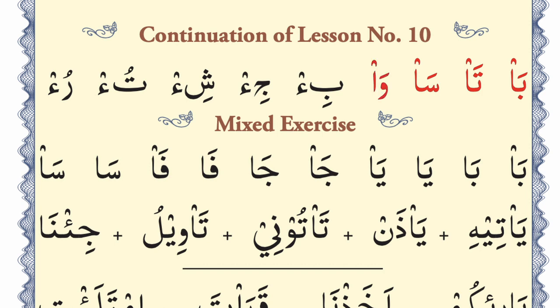In the same way, if it is alif, we read the same way. If it is hamza, we read the same way, because most of the rules for alif are for hamza also. That is why the sound of both letters is the same when they have any sign. So we'll continue: bi, ji, shi, tu, ru.